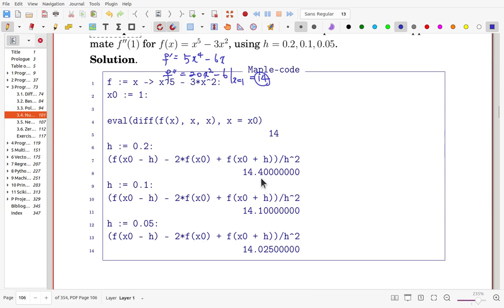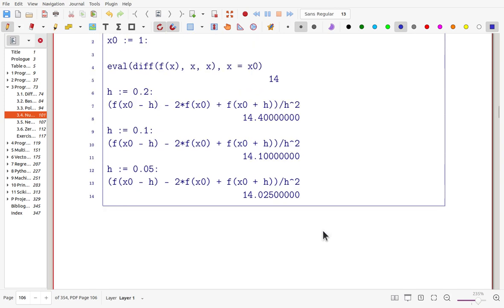After the decimal point, this is the error. With h equal to 0.1, we have this error, and again with h halved, we have such an error. As you can see here, the error becomes a quarter when h is halved. That means the error converges in second order.